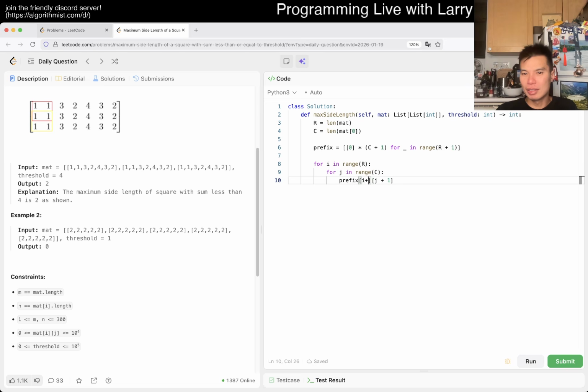I like to make it one indexed in a way. I mean, it's not really one indexed. It's just that there's an extra 0 at the front. Because that's just the way I've always liked it. And you could write this in a number of ways. Something like this, right?